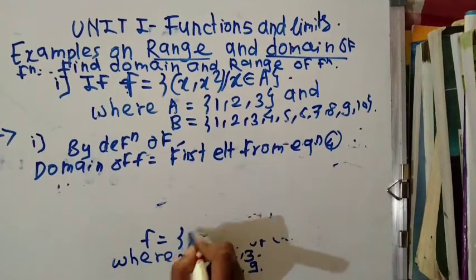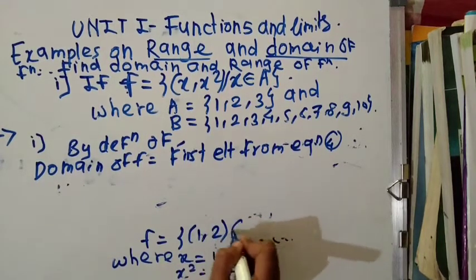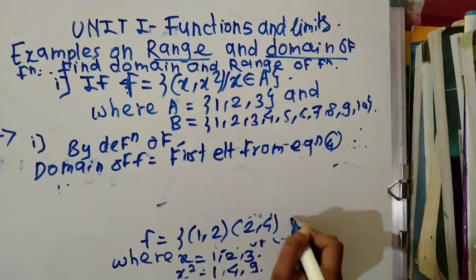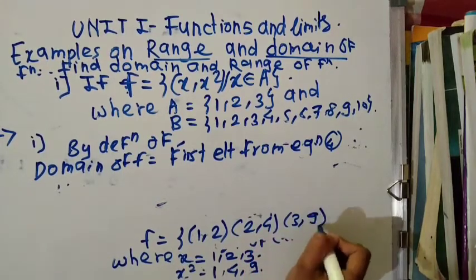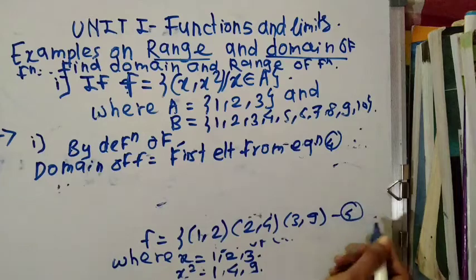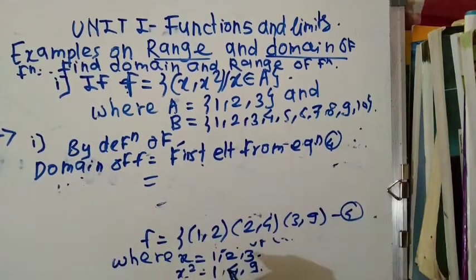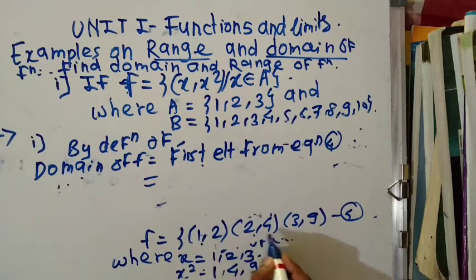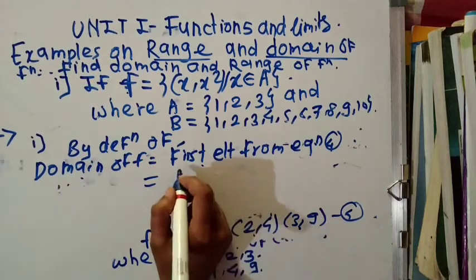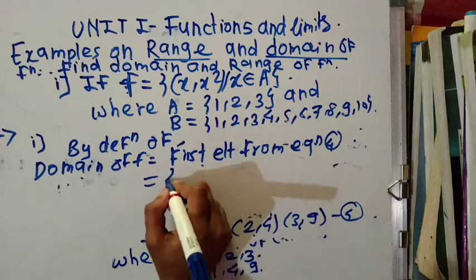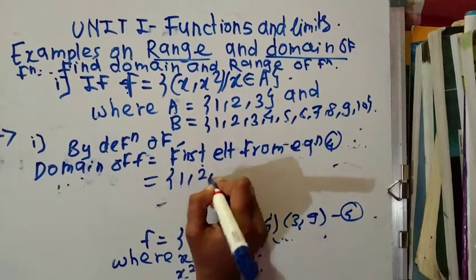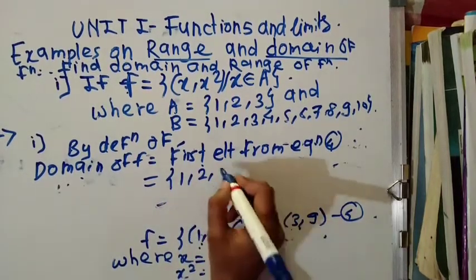Means f is equal to (1,1), (2,4), (3,9) is the fourth equation. Then domain is the first element from equation 4, means first element is 1 2 and 3.